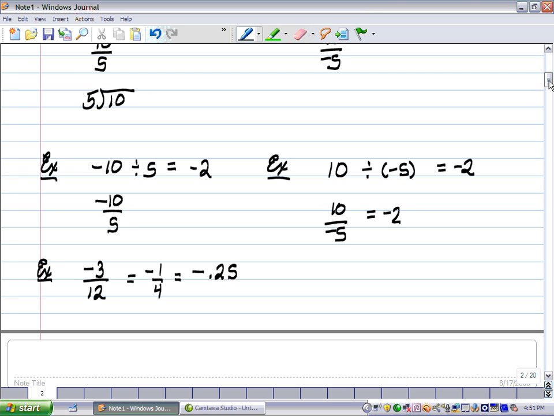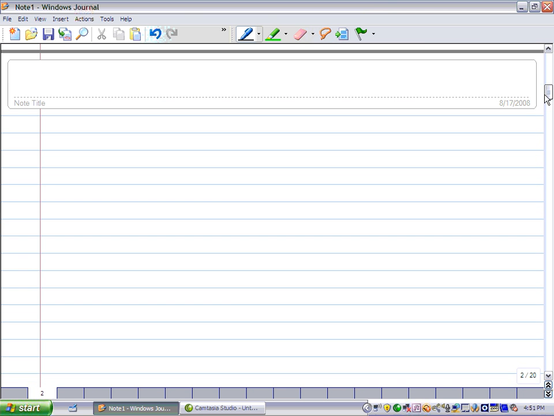Okay, so the multiplication and division rules are a little simpler. I want to also mention a couple things about the wordings of things. If we talk about the difference, we mean subtraction.